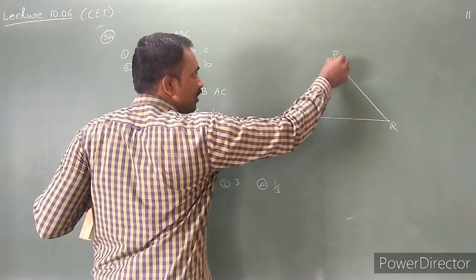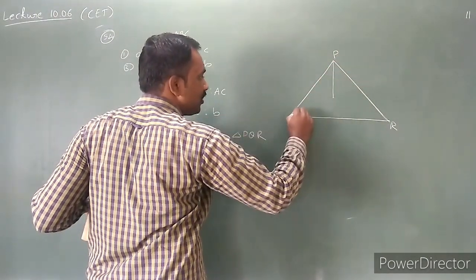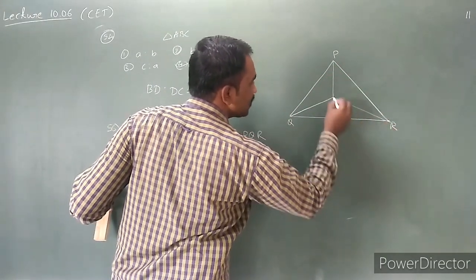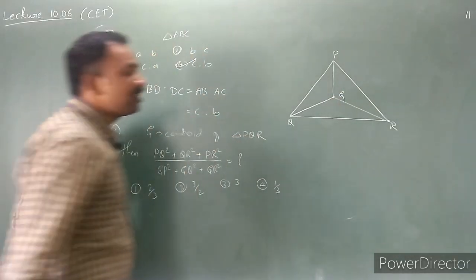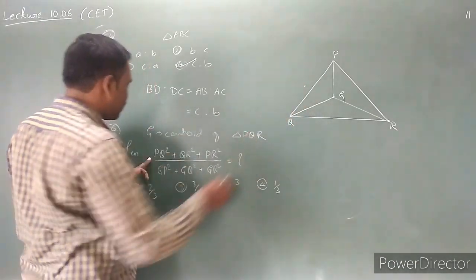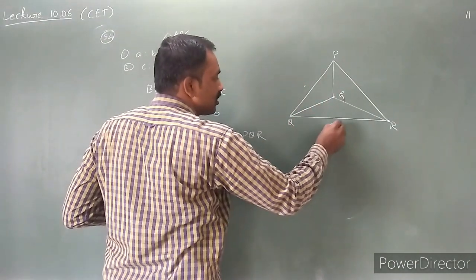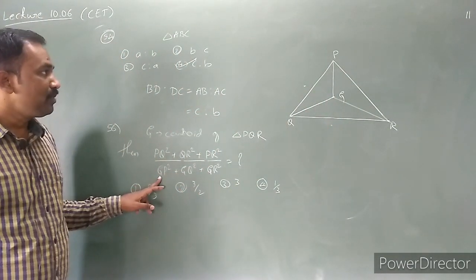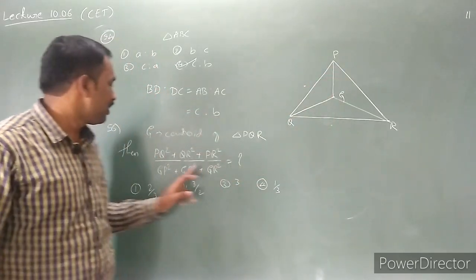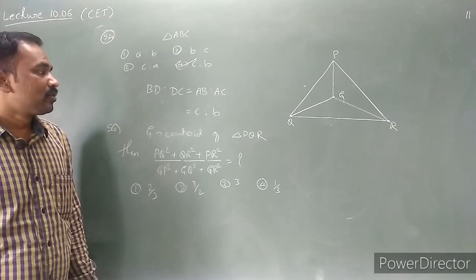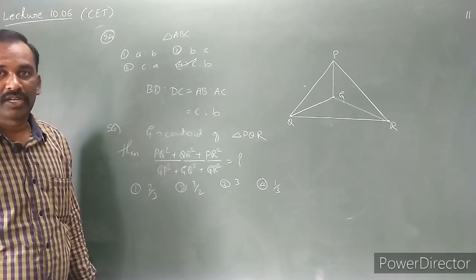The medians meet at G. PQ square is nothing but this side, QR square is this side, and PR square is this side. Next, GP square, GQ square, and GR square. So it is equal to how much?